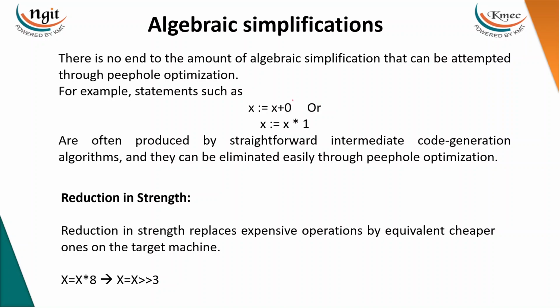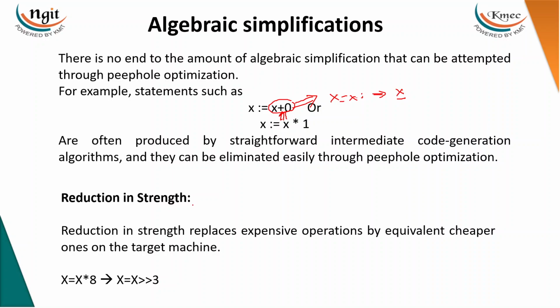For example, here we are performing x plus 0. So we would have to use some OR gate to do it. Instead, we can write x equivalent to x plus 0, which means you need not write it, we can just remove it. If you write x equivalent to x, what is the need of this? It is nothing but x. You can simply remove it. And in such cases, even x equivalent to x into 1 also. These kinds of statements, at least we can remove.